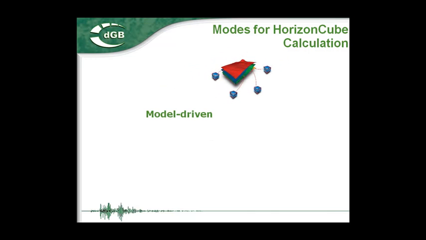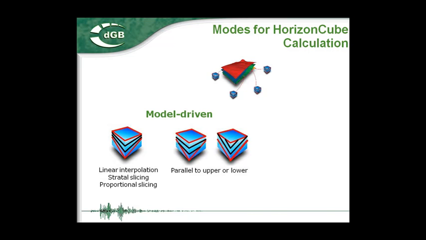Now these models that you can use, you have the model-driven, which one example is the linear interpolation, which is basically proportionally slicing in between the two horizons. You can also have parallel to upper or parallel to lower. So if you have the horizon that you see here is parallel to the upper and it truncates as it hits the lower one, and vice versa over here.